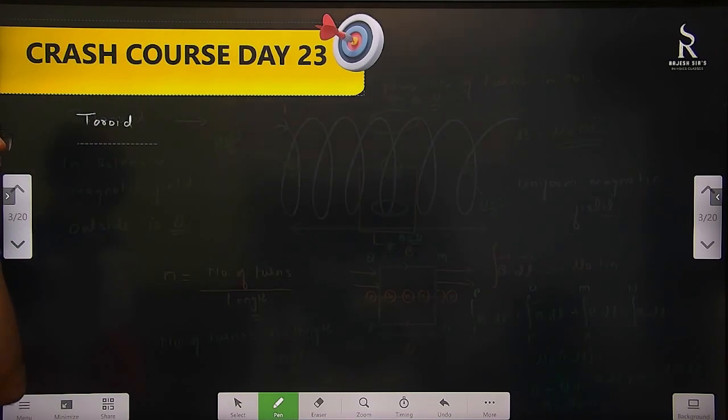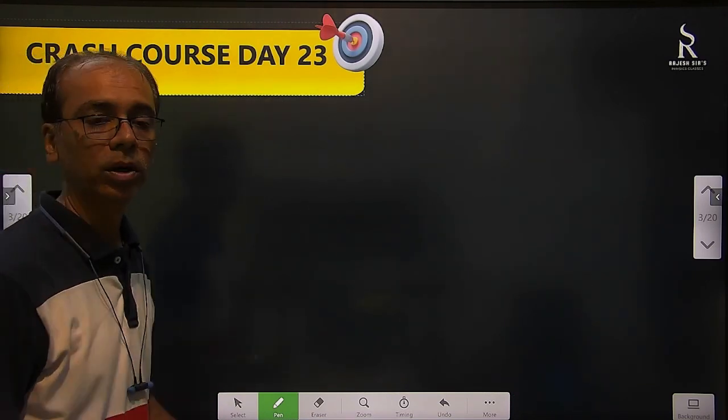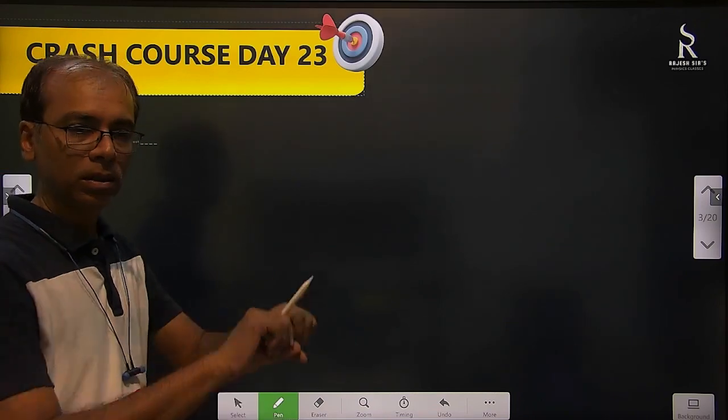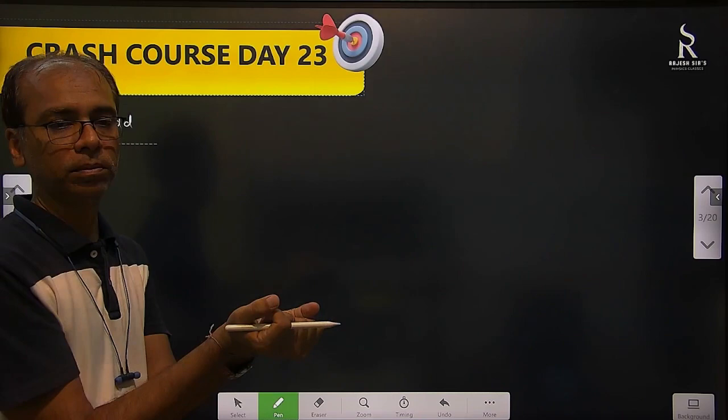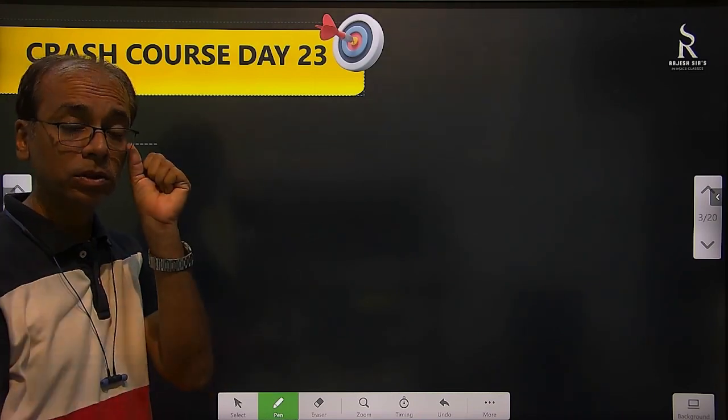Now, there is one special case of the solenoid. We call it a toroid. A toroid is what we get if we turn the solenoid into a circular shape.